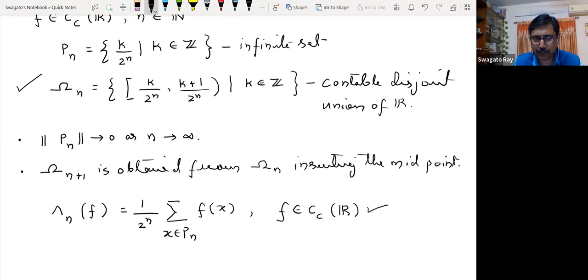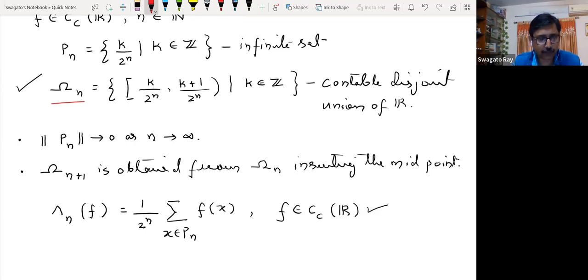This collection omega n, which I have written here, gives a partition of the whole real line. So in particular, it gives you a partition of any closed interval which contains the support of f. Correct?